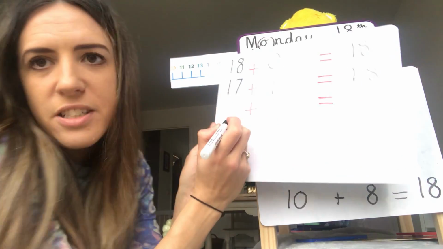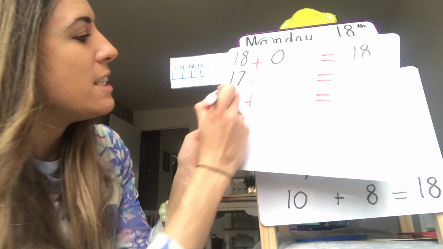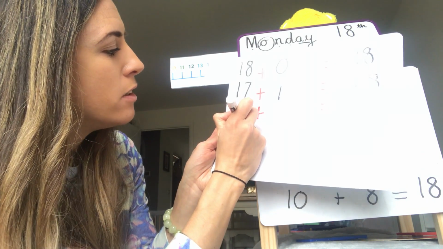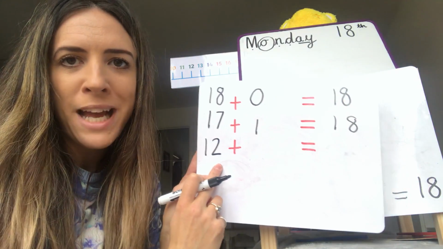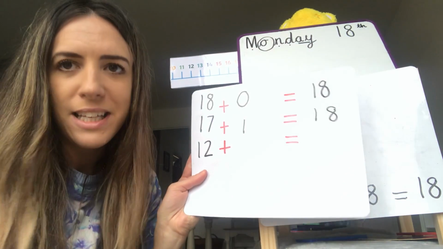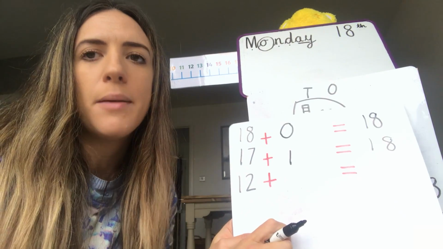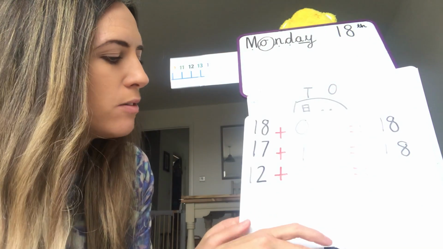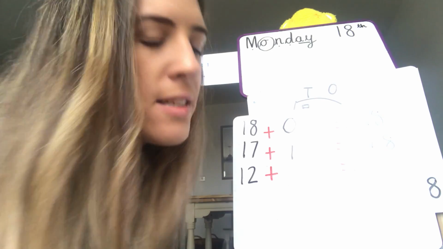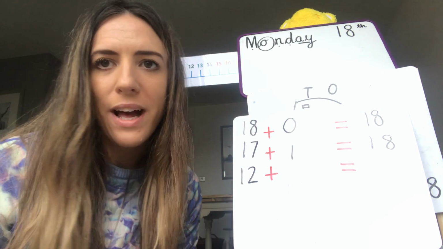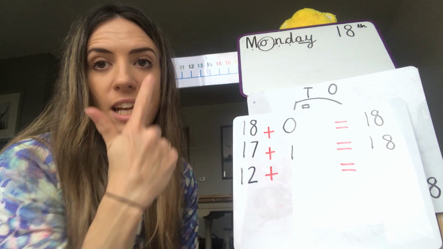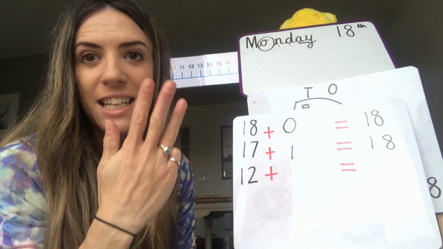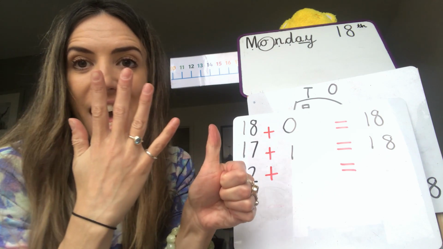Or I'm going to pick just a different number that's smaller than 18. I'm going to go with 12. Okay, 12. How many am I adding to 12 to make 18? How am I going to work that out? Oh yeah, I could count on, couldn't I? I could count on with my fingers. 12 in your head. 12, 13, 14, 15, 16, 17, 18.